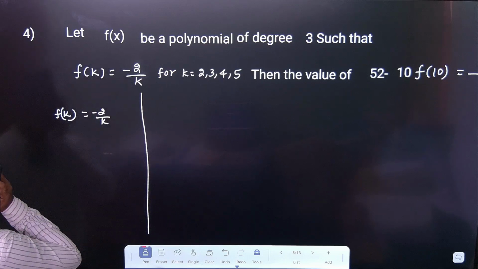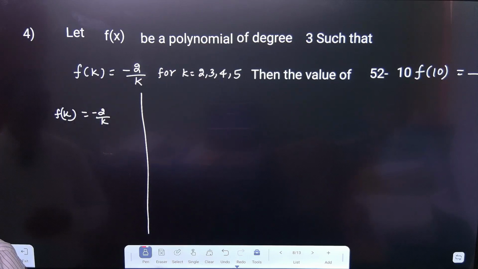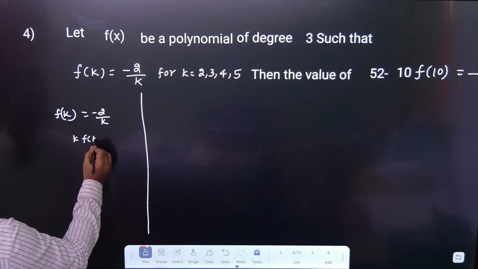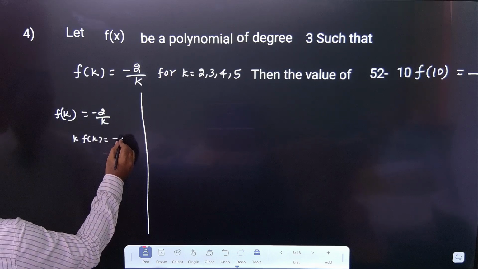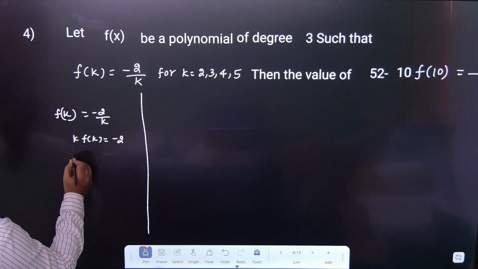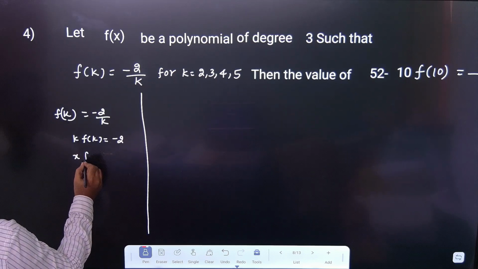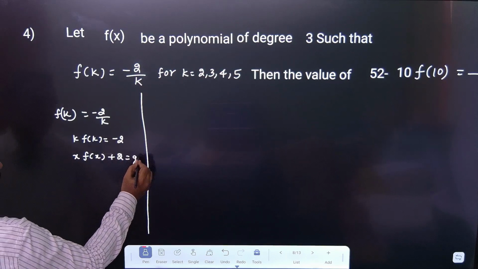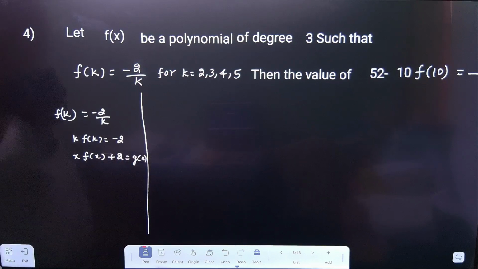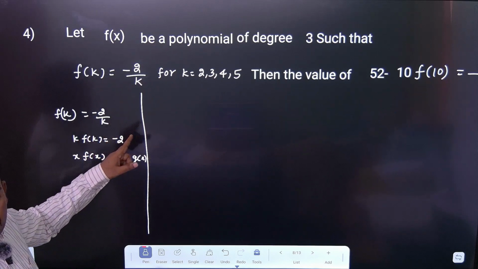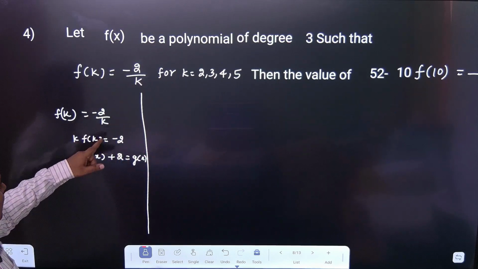In this kind of situation, what we can do, you cross multiply: k times f of k is equal to minus 2. Let us write it in terms of x, just replace k by x. X into f of x plus 2 is equal to, let us take g of x. I hope everyone understands.